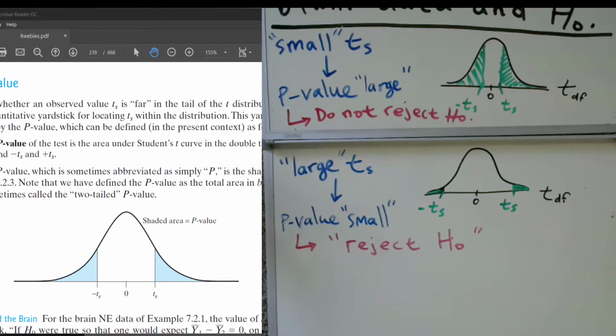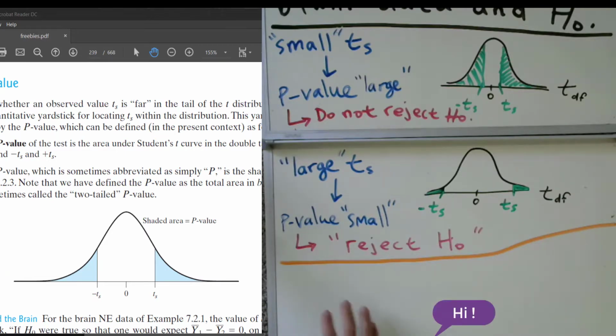Maybe you've noticed I'm still being a little vague. What is large? What is small? Because the p-value is the primary tool we use to assess the strength of the data in support of the alternative hypothesis or not. And it's a p-value, it's a probability.